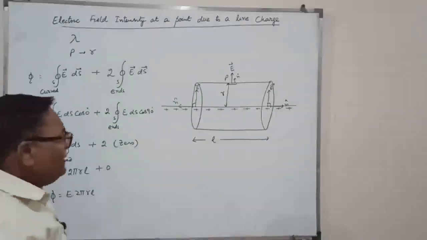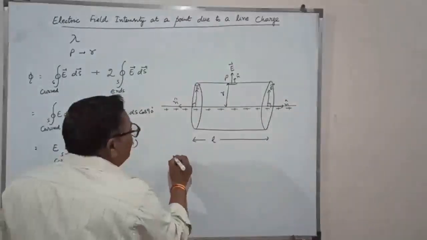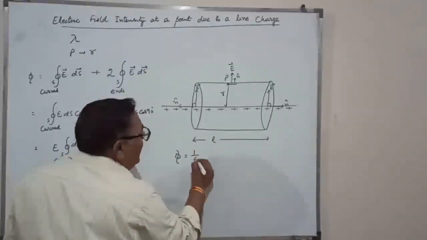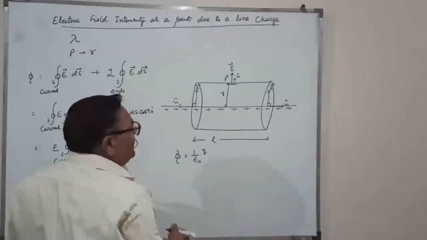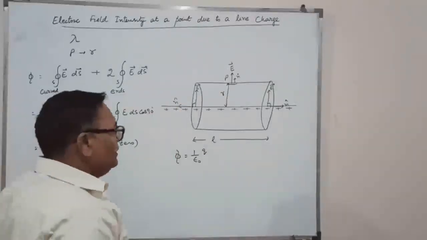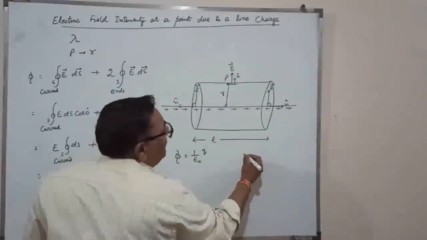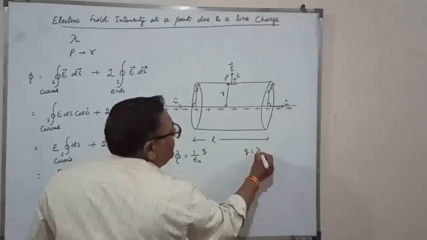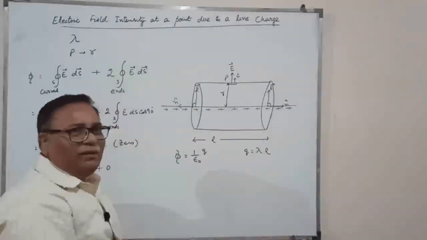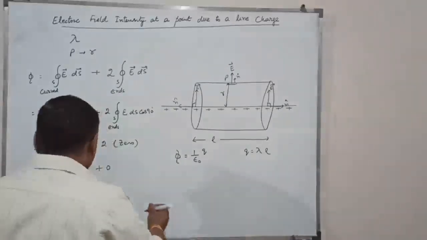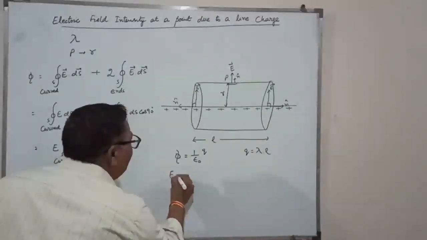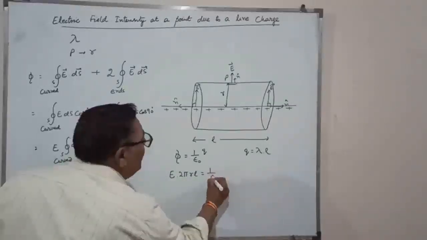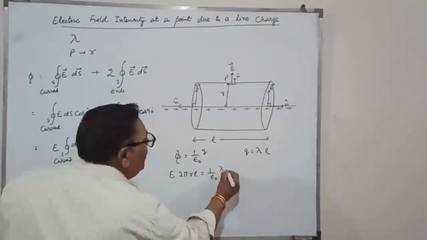and according to the Gauss theorem, this phi is equal to 1 upon epsilon 0 times the charge enclosed by the surface. Then the charge enclosed by the surface, Q, is equal to lambda, the linear charge density, multiplied by length. Therefore, E into 2 pi r l is equal to 1 upon epsilon 0 lambda l.